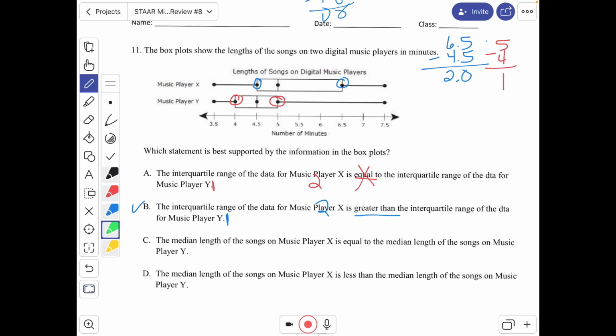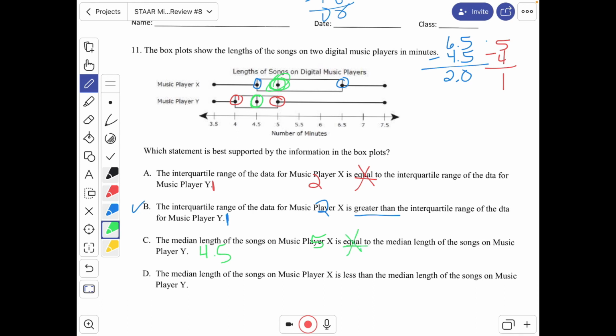C says the median length of the songs on music player X is equal to the median length of the songs on music player Y. Median is the middle, so we just have to look for the middle dot. So on player X, it's 5. On music player Y, it is 4.5. Are those equal?